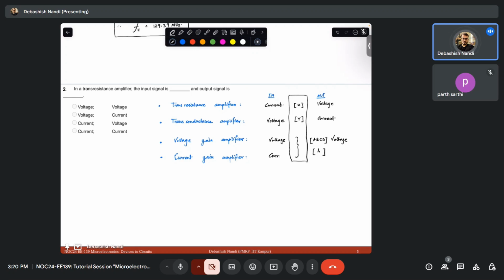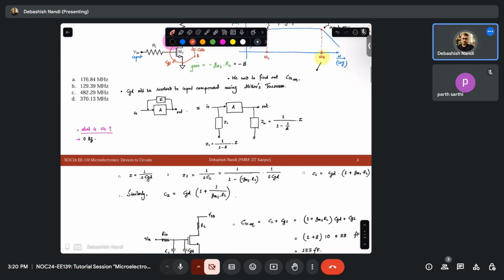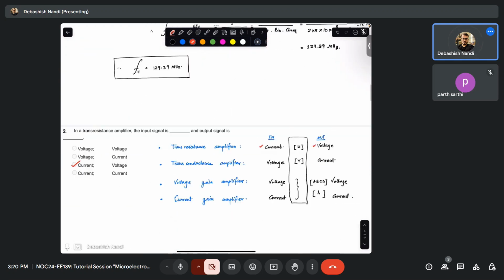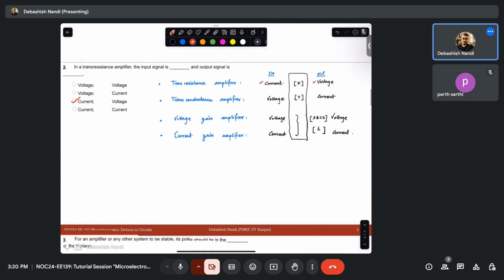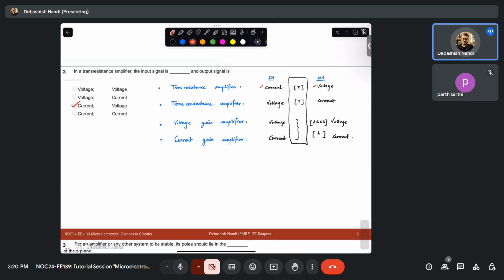In this case, current this side, current this side. So in our case, current is input, voltage is output. Okay. By the way, this one is this one. So now, can you give an example of the second case?